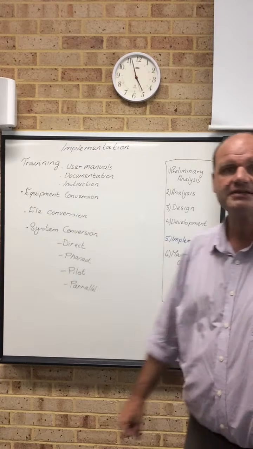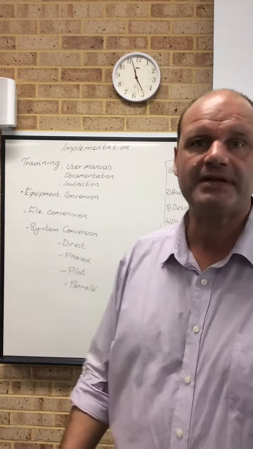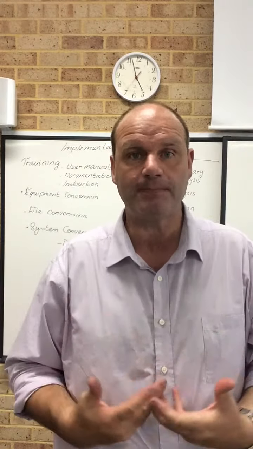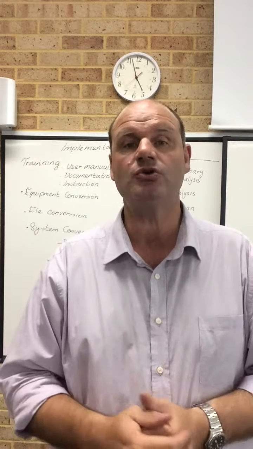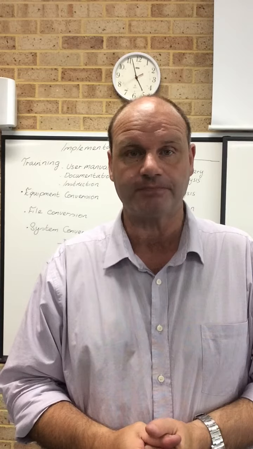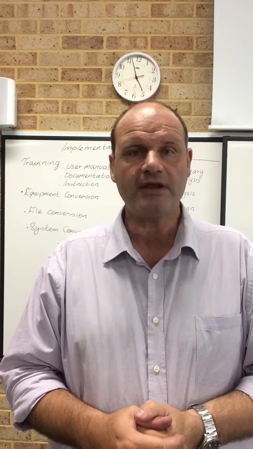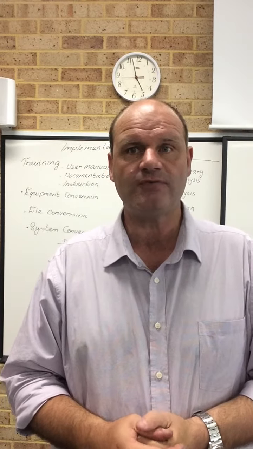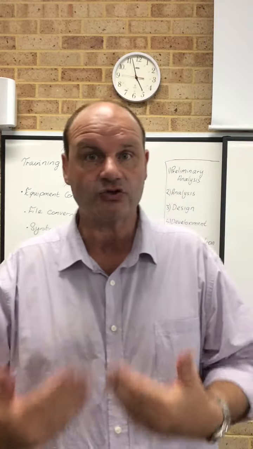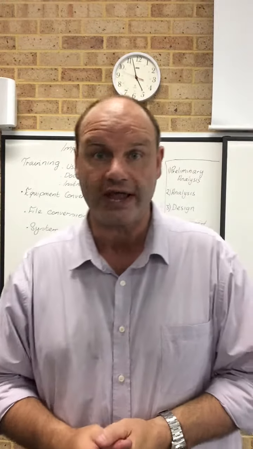So what is implementation all about? Well, it boils down to training and being able to actually put the system into everyday operation. Now, if you're going to implement something, it's going to involve training, and training can come in different ways.